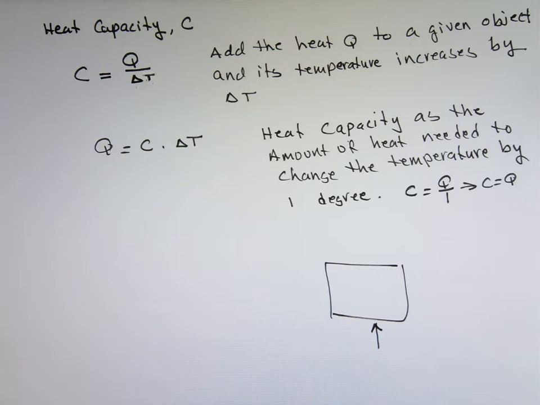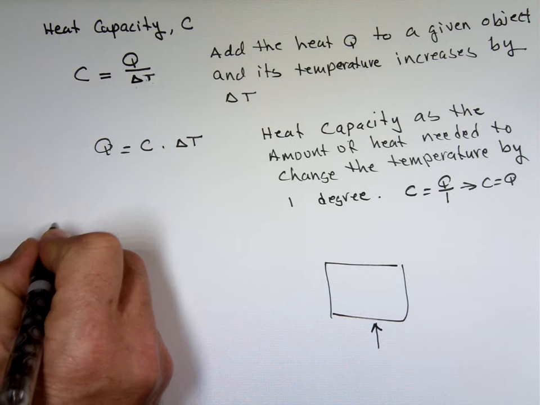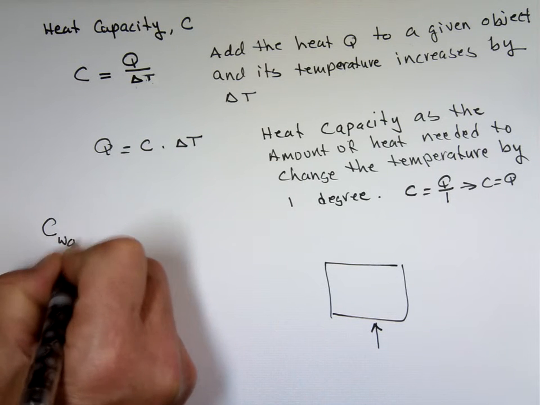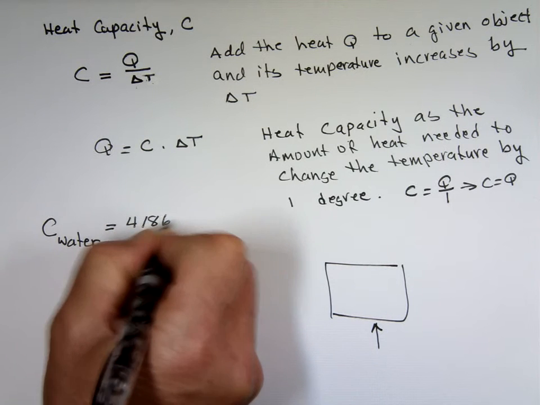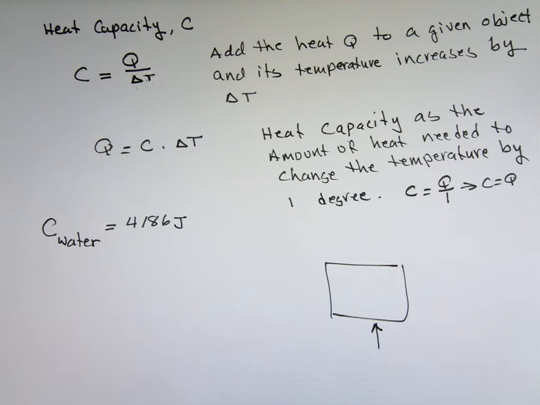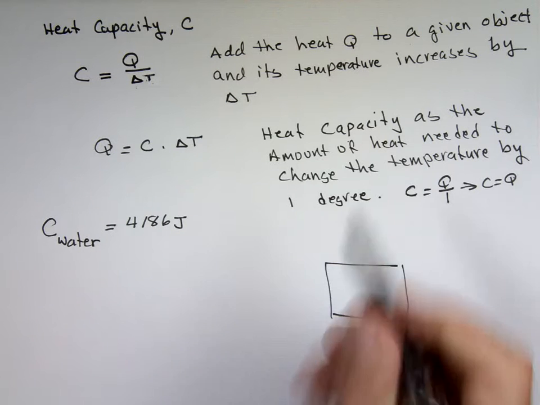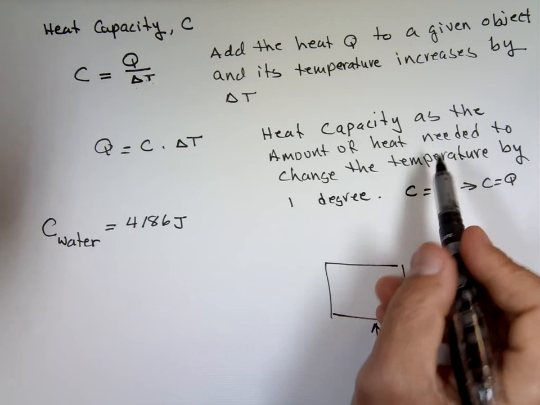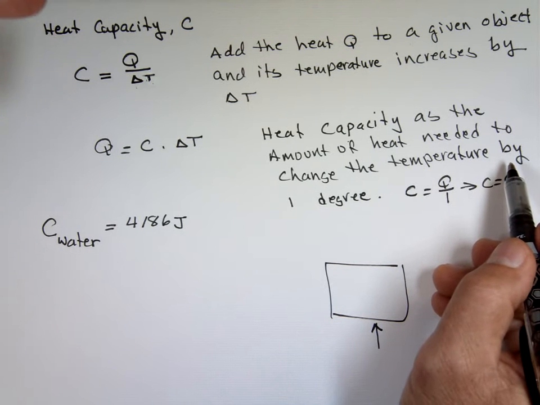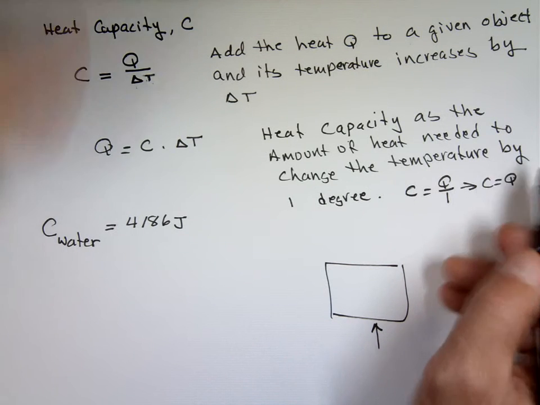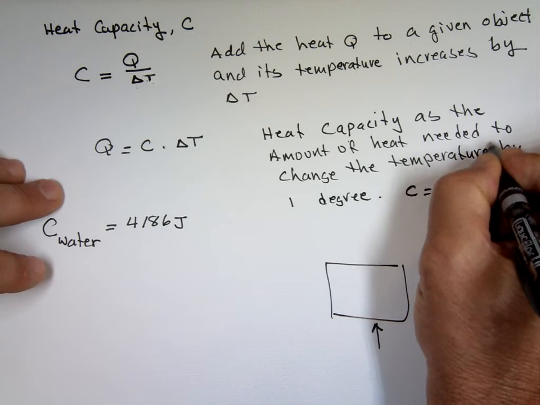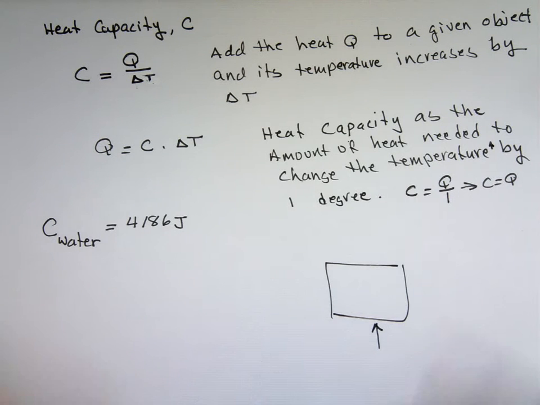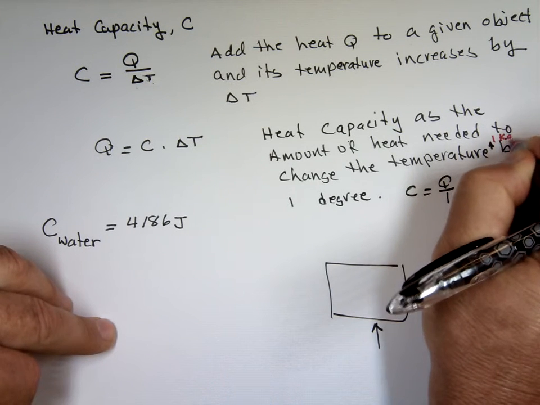Now for water, just for the record, C for water is equal to 4,186 joules. What does that mean? Heat capacity is the amount of heat needed to change the temperature of 1 kilogram by 1 degree.